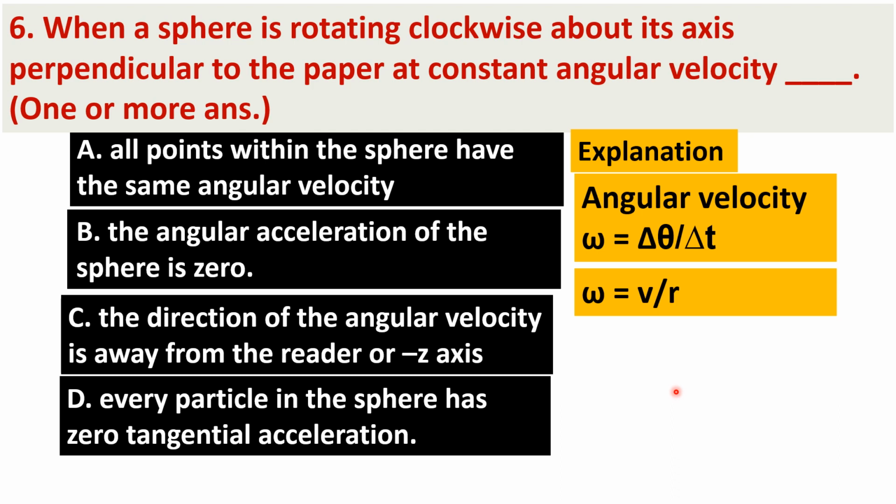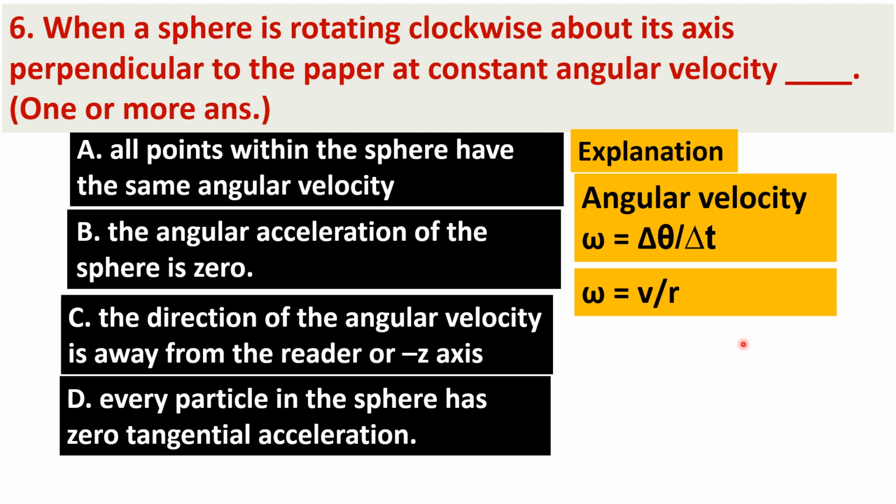Another very important equation is the relationship between angular speed or velocity omega and linear speed or linear velocity v. The original version of this equation is v equals omega r.